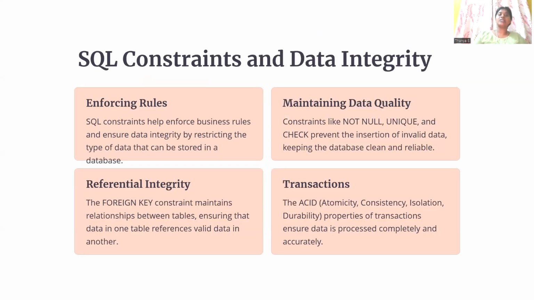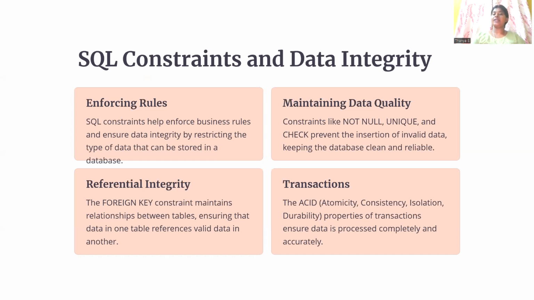Next is SQL constraints and data integrity. There are mainly four: enforcing rules, maintaining data quality, referential integrity, and transactions. When we come to enforcing rules, constraints help enforce business rules and ensure data integrity by restricting the type of data that can be stored in a database.